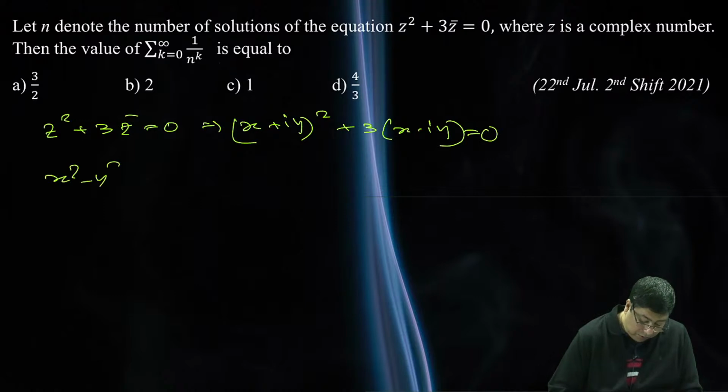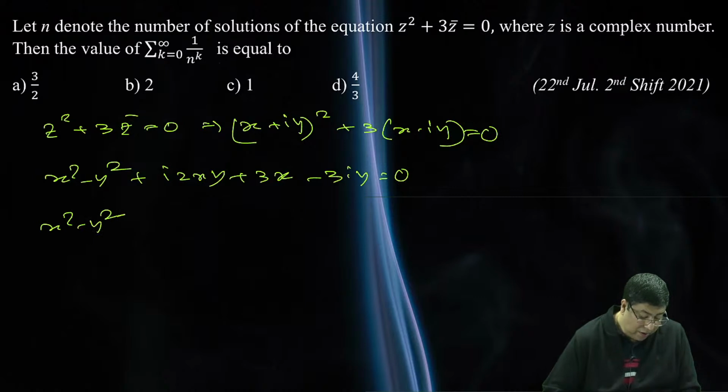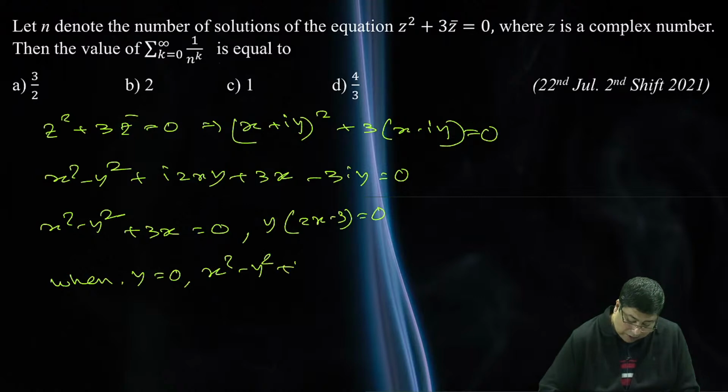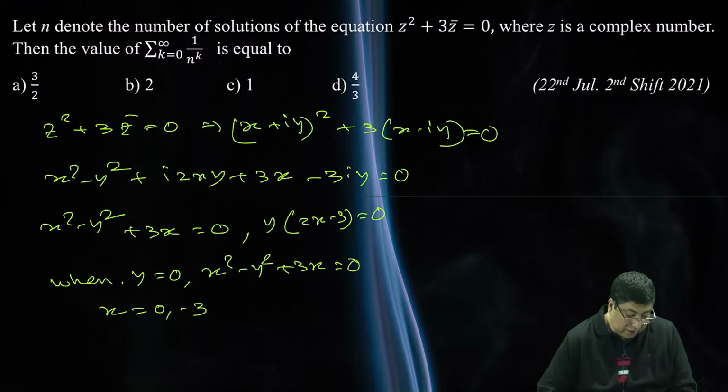So x square minus y square plus i 2xy plus 3x minus 3iy equal to 0. So the real part is x square minus y square plus 3x equal to 0, and the imaginary part is y into 2x minus 3 equal to 0. So when y equal to 0, x square minus y square plus 3x equal to 0, so x equal to 0 and minus 3.